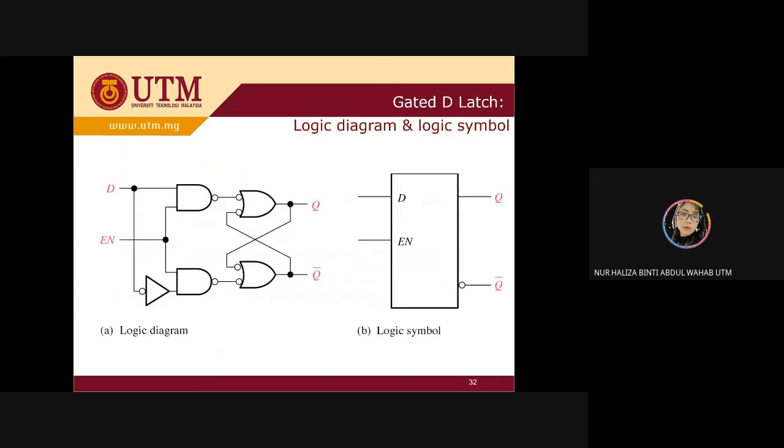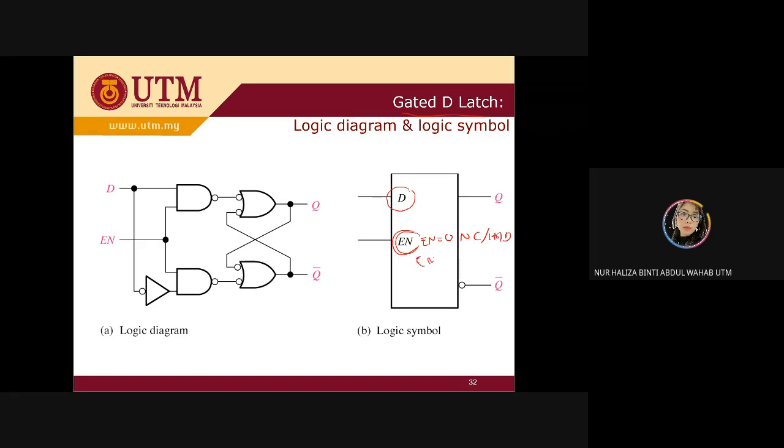Another one, the last latch, which I mentioned yesterday, is very easy because it is much simpler. It will be your gated D latch. The difference is you only have one input there, with the EN. EN has a similar function: when EN is equal to 0, nothing changes, no change, or it holds.